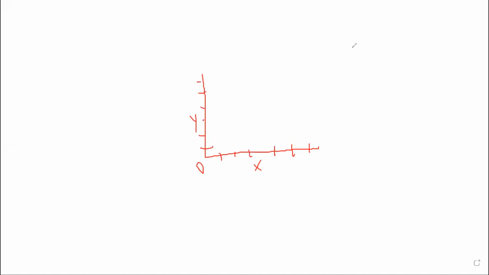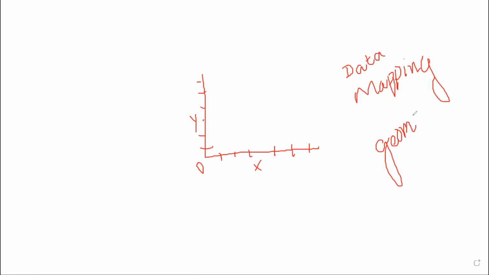So we need three things. One is data, second is mapping, and third is geometry.